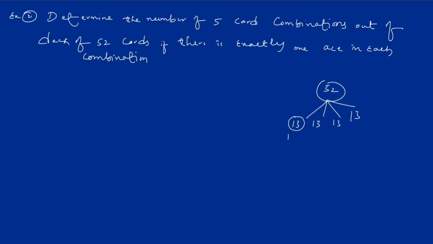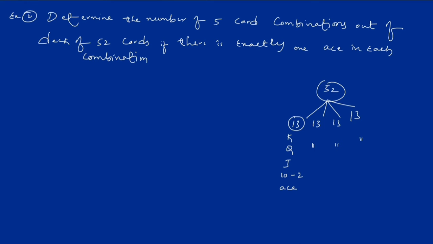A king, a queen, a joker, and the serial numbers 10 to 2 and ace, right? Similarly, here also same, here also same, here also same, right? Total 52 cards. We include 4 sets of king, 4 sets of queen, 4 sets of joker, and the numbers from 10 to 2 and ace as well, right?